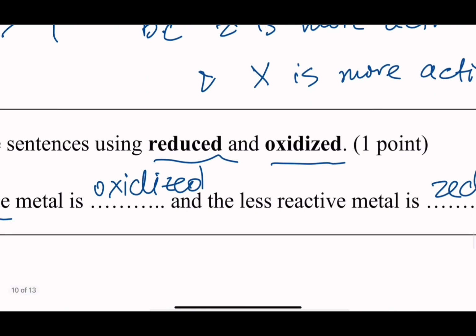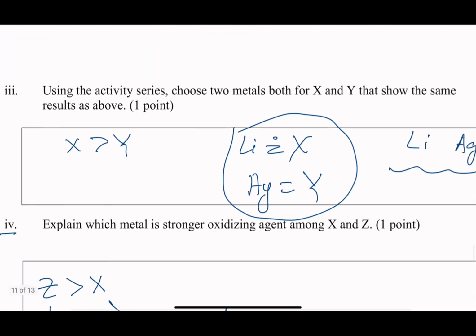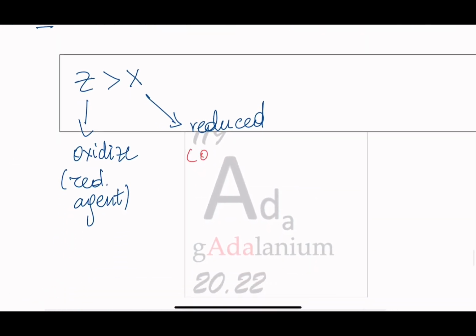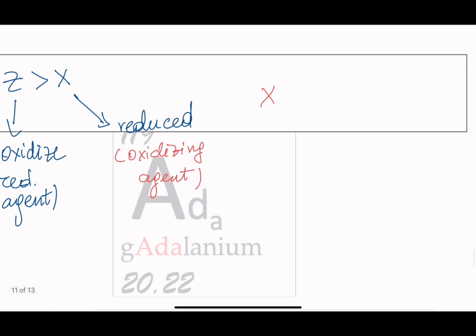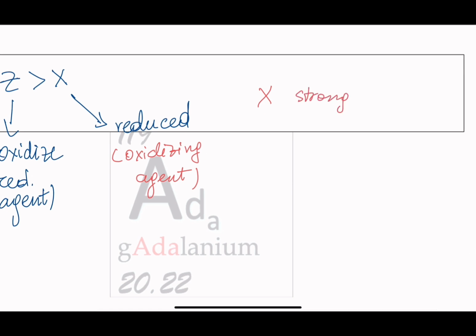The one who gets reduced is an oxidizing agent. So that's why here X is the stronger oxidizing agent, while Z is the stronger reducing agent.